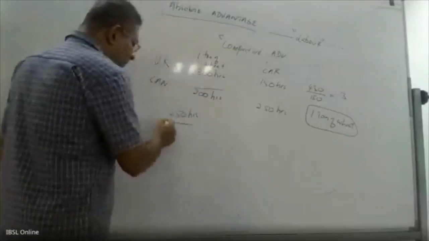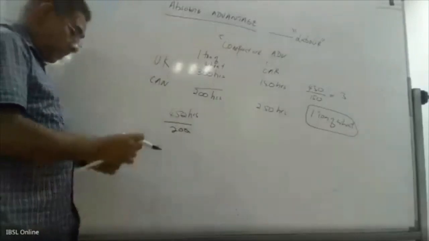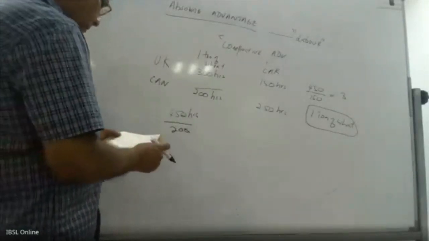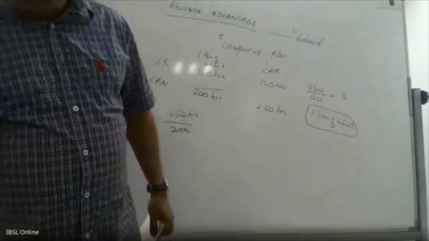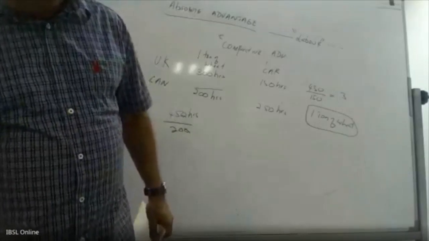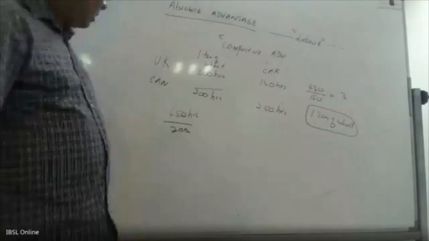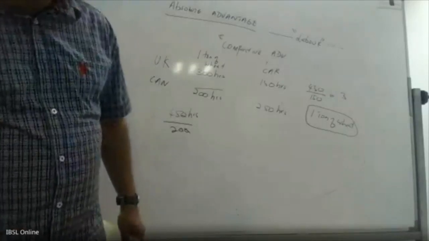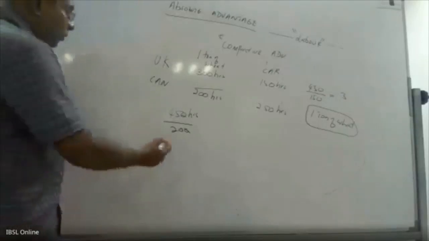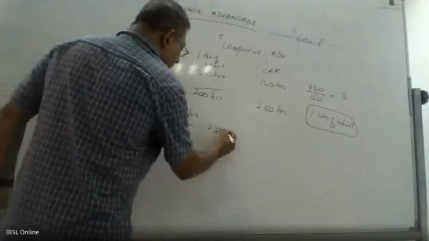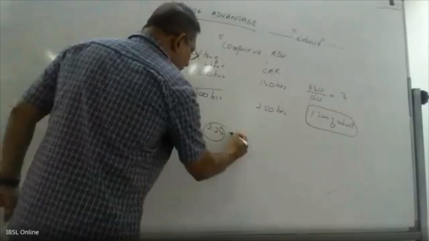Divide by 200, they will have 2.25 tons of wheat.